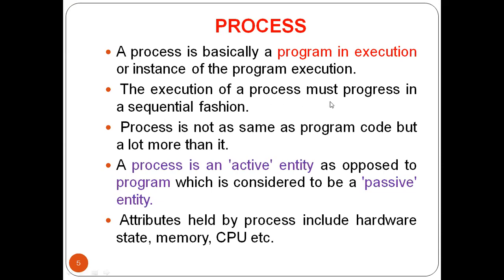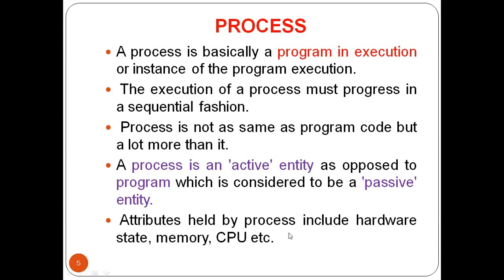So the execution of a process must progress in a sequential fashion. The process is not the same as the program code. We call process the active entity, since we are executing the program, and a program is considered to be a passive entity.